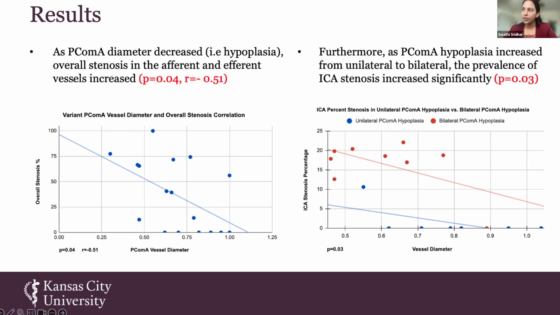So the red arrow here is pointing to the bilateral PCOM hypoplasia, which had higher ICA stenosis compared to the blue line here, showing the unilateral PCOM hypoplasia.